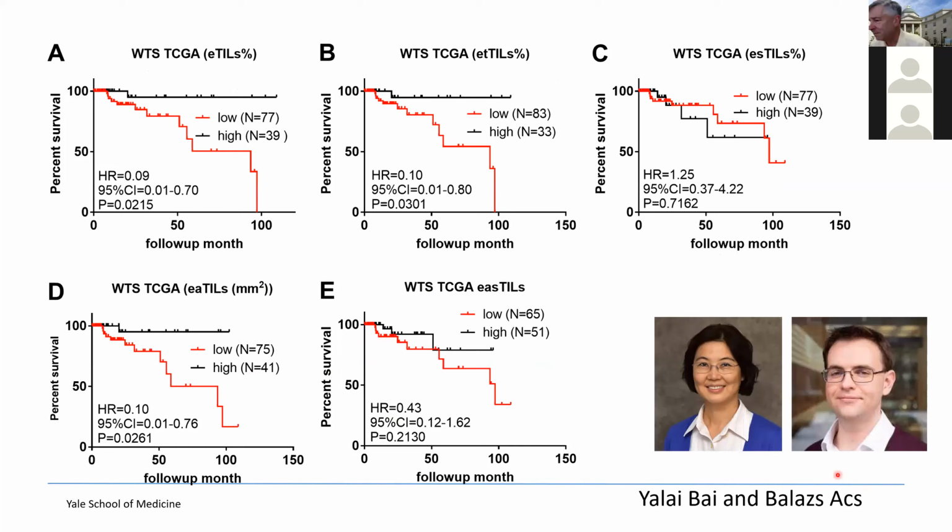So here's the final validation, and the people working on this, Yalai in my lab, and then Balazs at Karolinska. And you can see that actually it validated quite nicely on TCGA. I'm sure you're familiar with that, and had very high hazard ratios or very low hazard ratios for prognosis. And you can imagine something like this, eTIL percent or eTILs were our best performers on the validation set. The pathologist equivalent didn't perform so well, but maybe that's not a true pathologist equivalent.